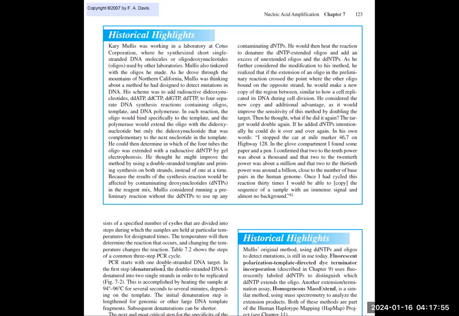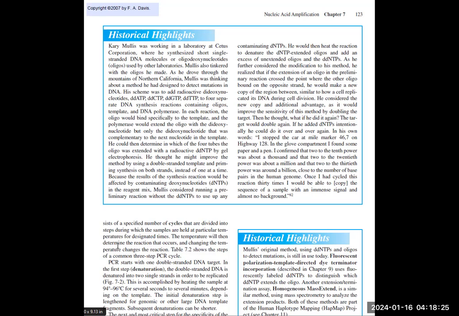If we are talking about a denatured DNA, meaning the double strands are now single strands, okay? It cannot replicate double-stranded DNA, so that's why we really have to start with denaturation. That's the initial step of our PCR cycle.